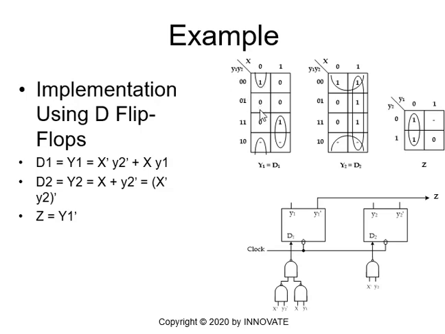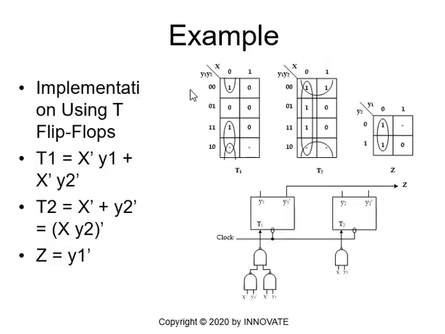While when y1 is 1, we take the complement, so 0 will become 1, and don't care will remain don't care. So this is what we see here with T1: 1, 0, 1, don't care, 1, don't care. The same thing with the second column.